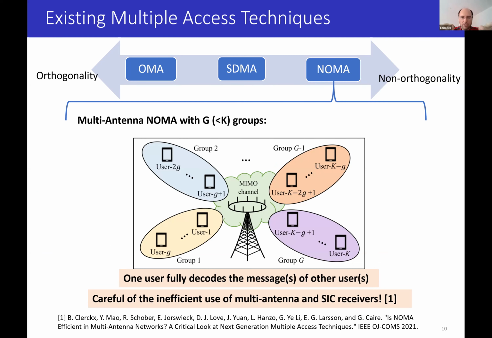The problem is, whatever you do, you need to optimize those groups. And at the end, the performance will be limited because you force yourself to always have one user decode the message of the other users. This is an inefficient strategy when you have multi-antenna. This is the reason why, in the past 20 years, multi-user linear precoding, SDMA, has never been proposed in 4G and 5G, because it degrades the multiplexing gain.